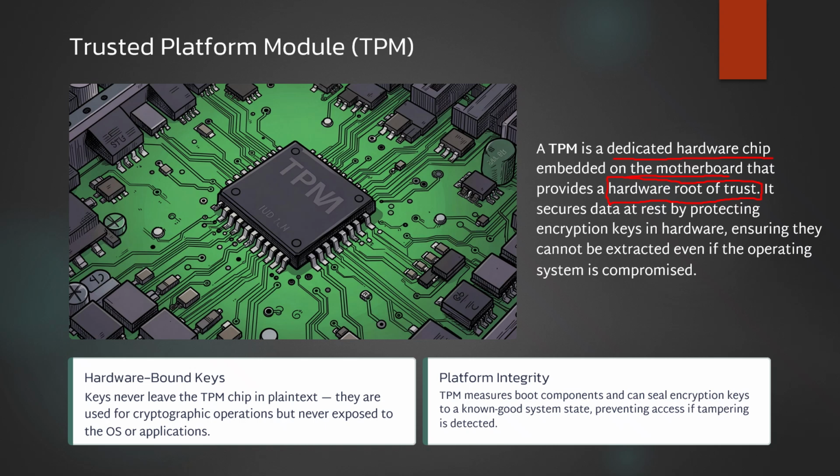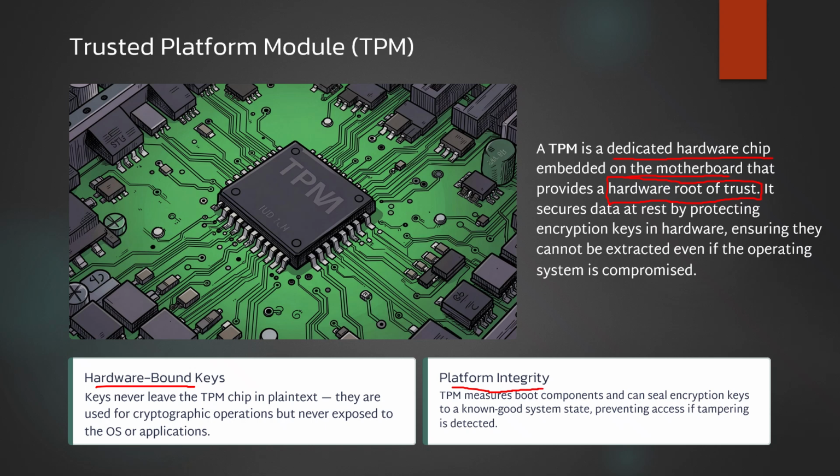It provides integrity, so that if something is extracted or a device is removed, the TPM will not release the key itself. These are hardware-bound keys: the key never leaves the TPM chip in plain text. They are used for cryptographic operations, and that provides platform integrity.